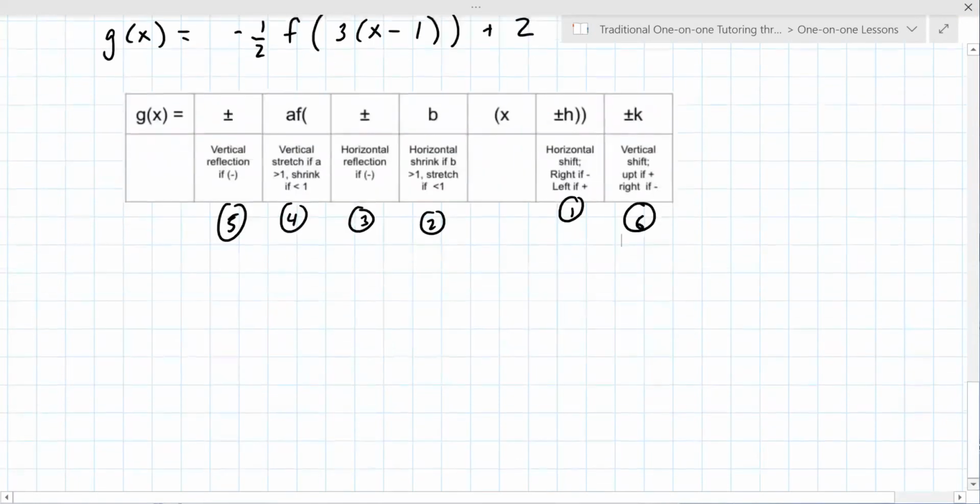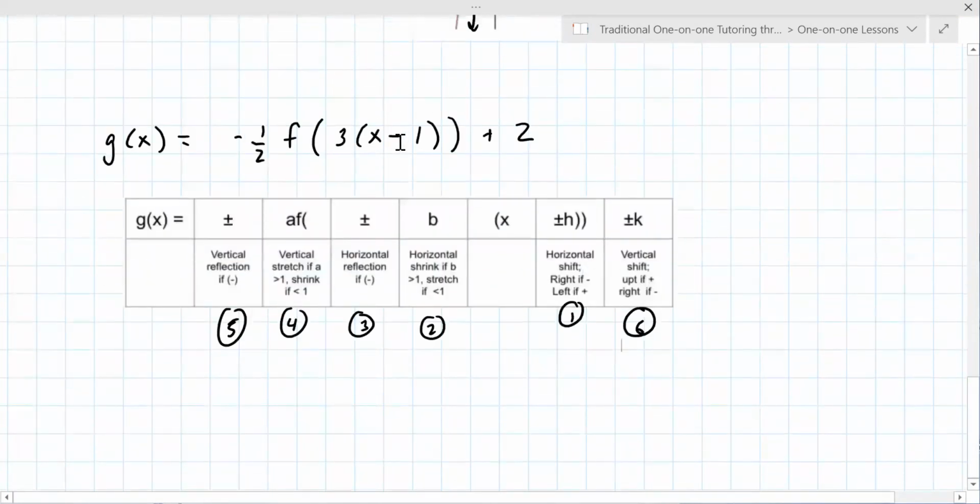So all right, what about this one that's in parentheses? What is that? This x minus 1, what does that mean? Um, that is a horizontal shift. Right, it's right one.